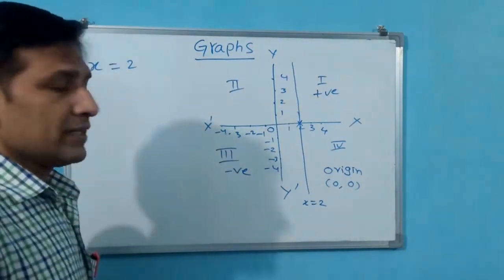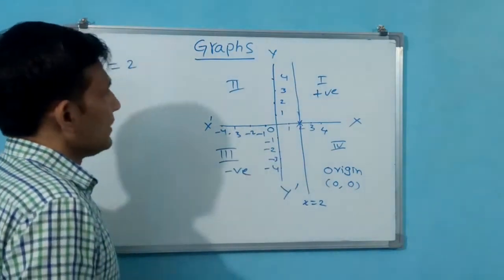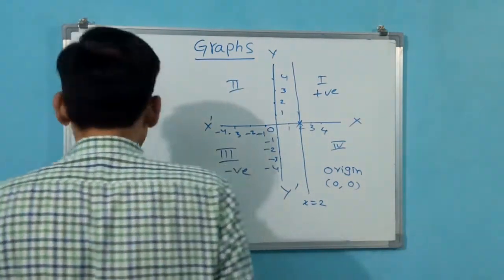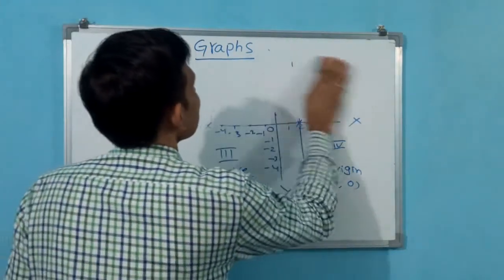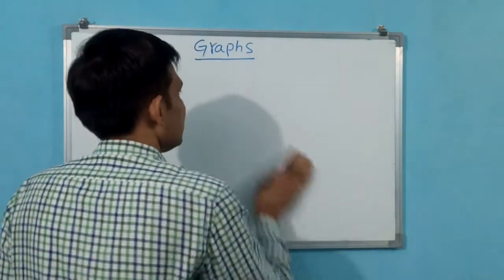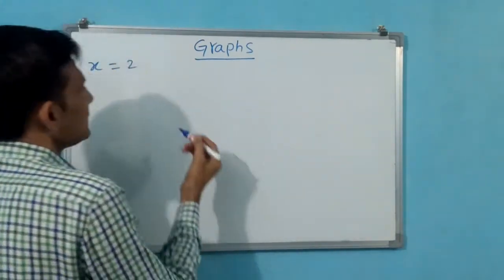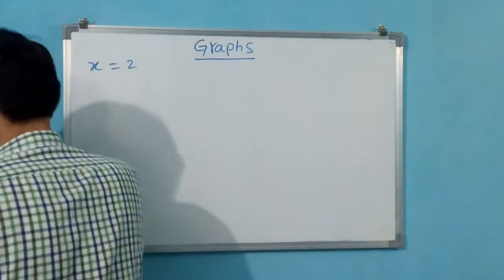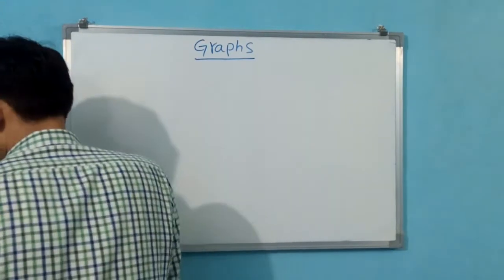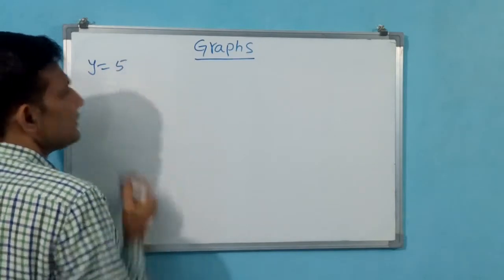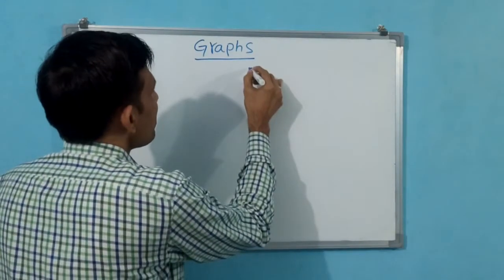Another graph we take. Rather than plotting on this graph only, we take a separate graph. Say y is equal to 5.